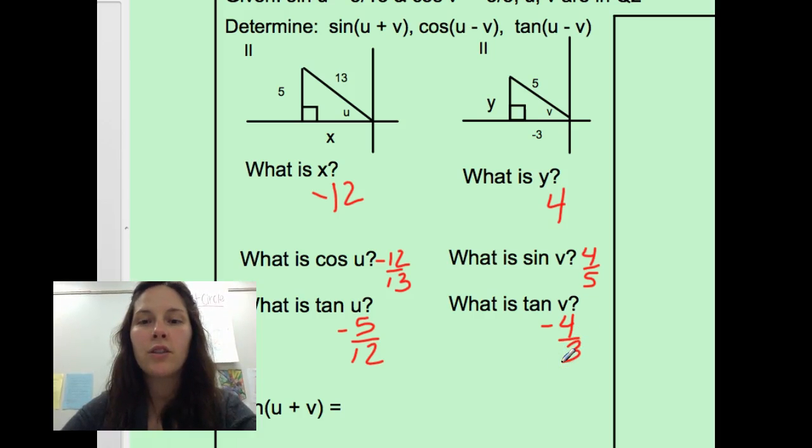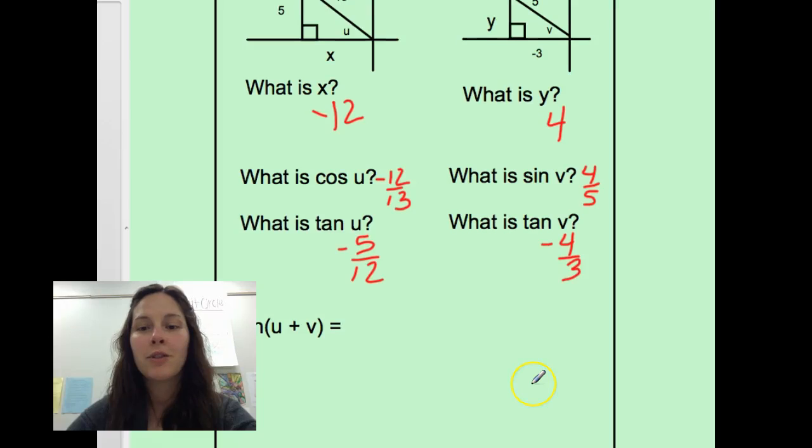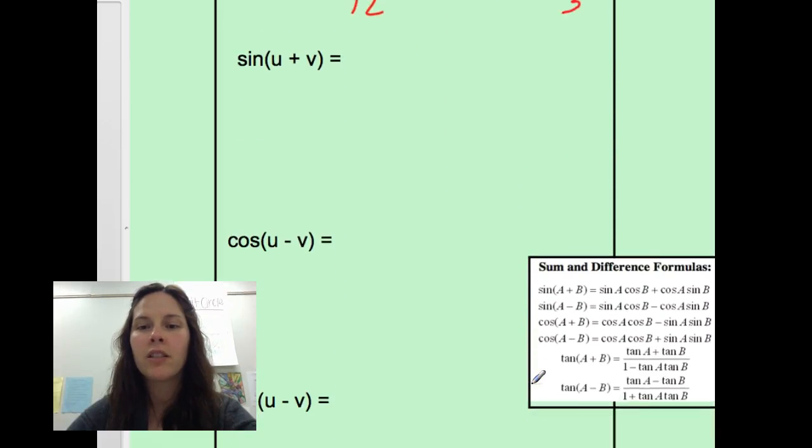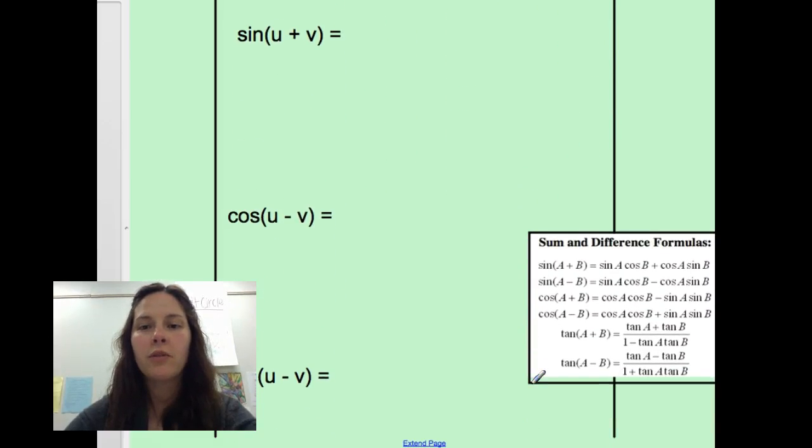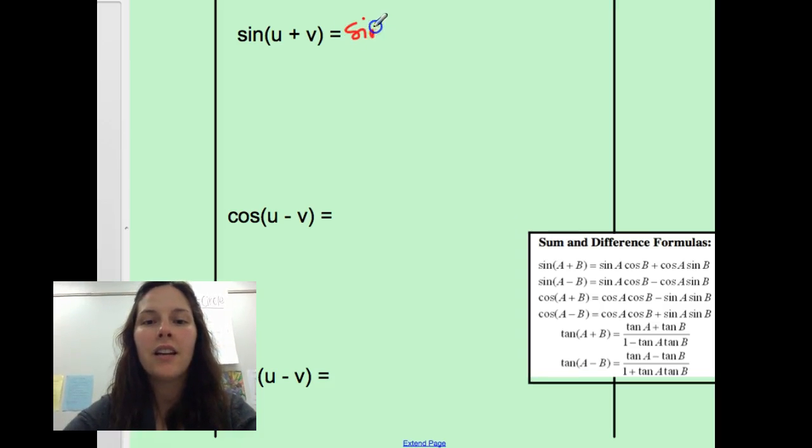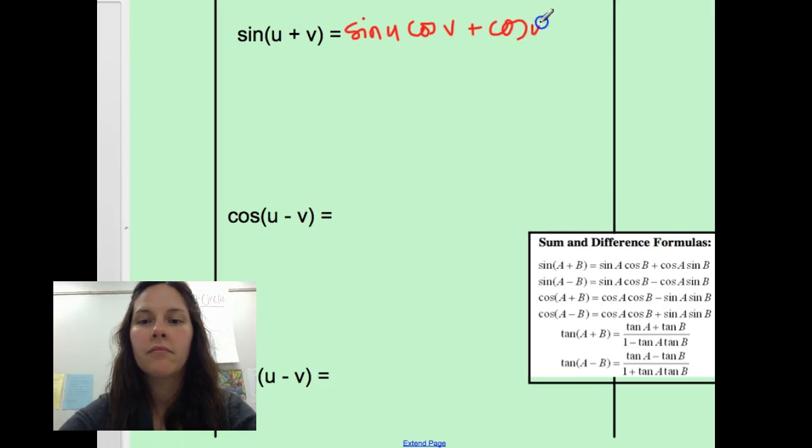All right, now we're going to set up our formulas and simply substitute these ratios that we just found. So we've got our formula sheet here. Sine of u plus v is sine of u times cosine of v plus cosine of u times sine of v.